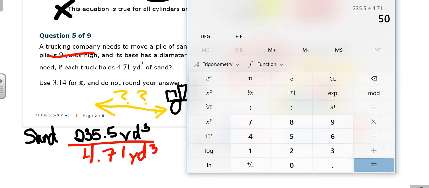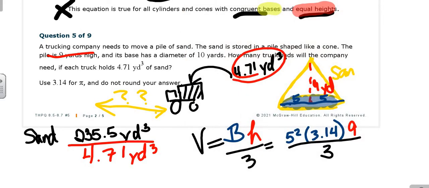And it's going to take 50 truckloads. 50 truckloads. Back and forth, 50 loads.